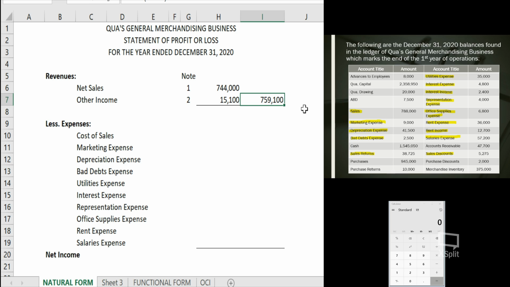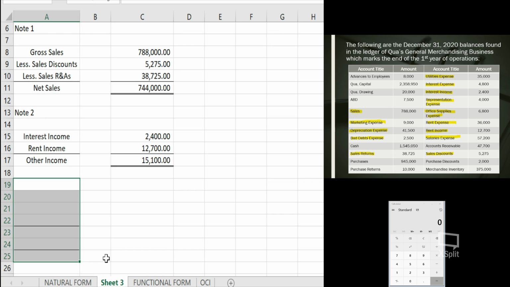So let's now go to our expenses. Okay? Sige. So unahin natin hanapin yung ating cost of sales. How do we solve for cost of sales? Of course, we have to once again use the formula. So dito yon. Note 3.